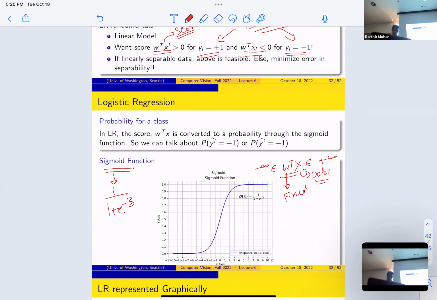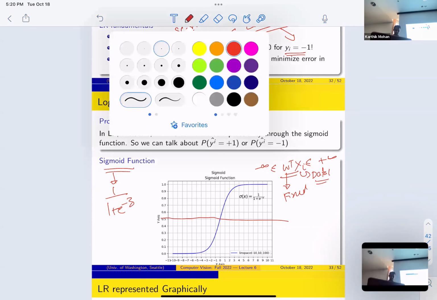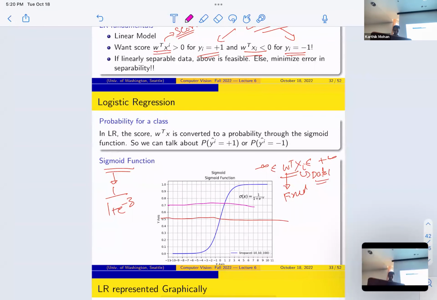So the default threshold is this, right, 0.5. But if you want to be more confident, you can say, well, something above this and something below this. So here I'm positive plus, here I'm negative plus. In between, I'm not sure. So usually when you set thresholds, you want to be confident.